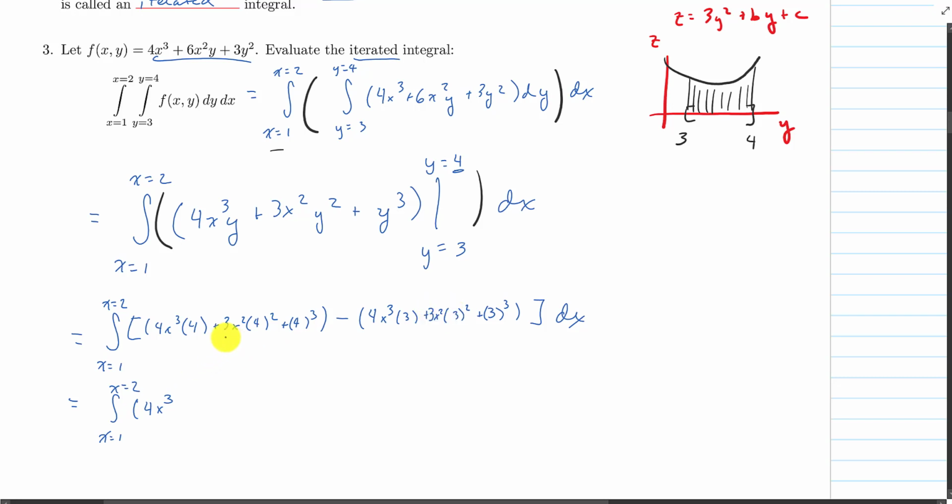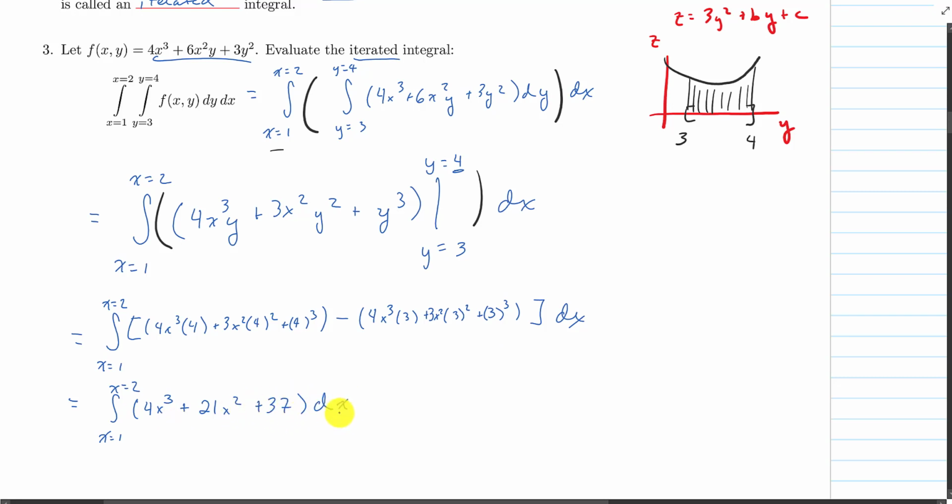So let me say that again. 4 squared is 16 times 3, that's 48 x squared terms. And I'm going to subtract from that 27 x squared terms. And so that's going to give me 21 x squared terms. And then for these last two terms, we've got the constant, that's 64. We're going to subtract from that 27. And that gives us plus 37.